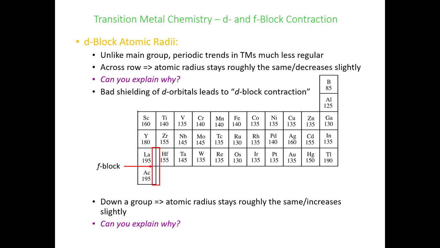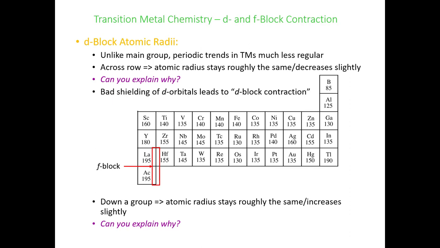The f block goes right after group 3, where the trend of increasing atomic radius down a group starts to fall apart. And you can see that the transition metals directly after the f block are not as large as you would expect. This is because the f orbitals are bad at shielding nuclear charge just like the d orbitals, and for the same reasons. They're a bit better at shielding each other than the d orbitals, but there are 14 groups in the f block.